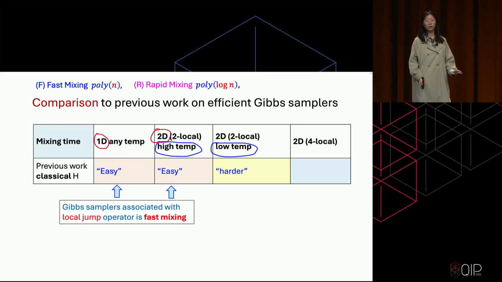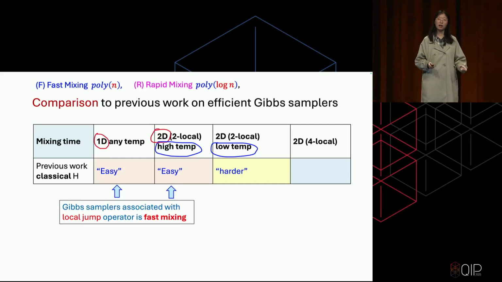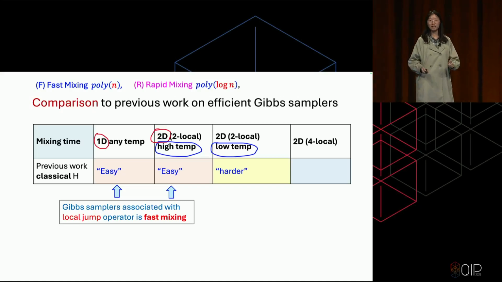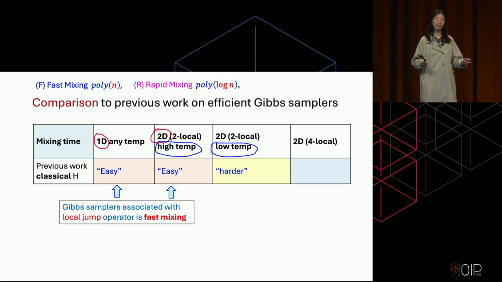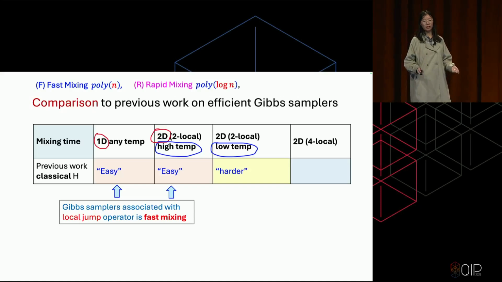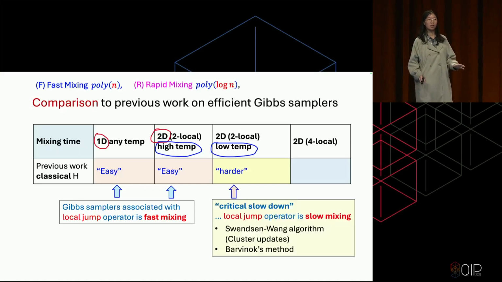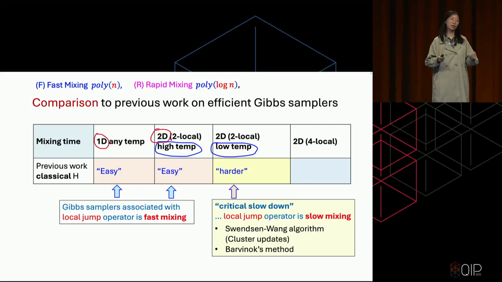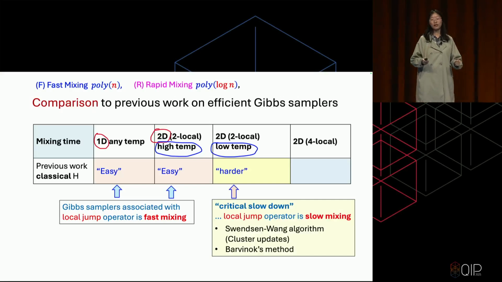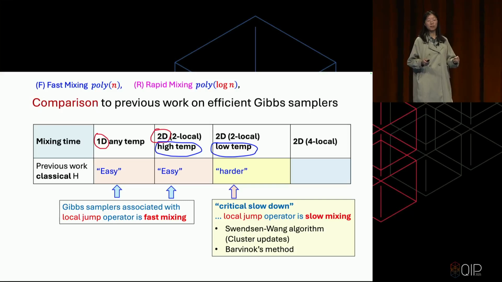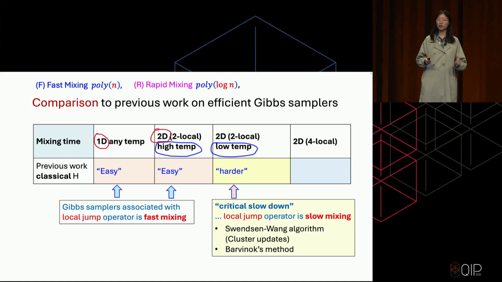More precisely, for easy, I mean a Gibbs sampler associated with local jump operators is supposed to be fast mixing. There's no need to choose some specific thing. You just do whatever you like, you will win. And for the harder regime, if you just do something arbitrary, you will meet problems. For the harder regime, there is a phenomenon called critical slowdown, which is related to phase transition.